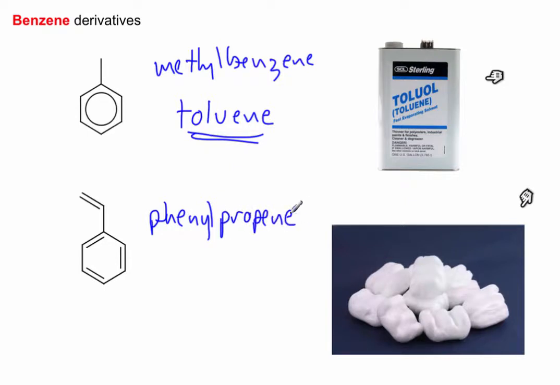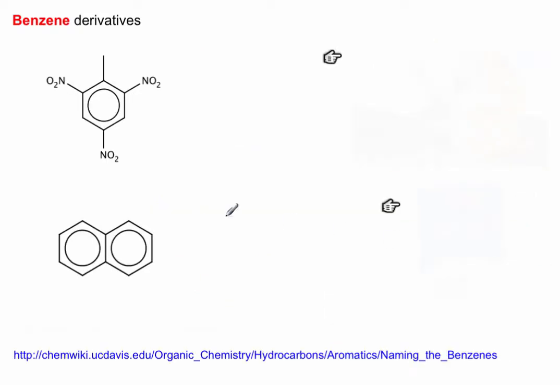You don't need numbers because there's only one way to attach that to the propene molecule. You can't attach it on carbon 1 or 2, and that is given the common name styrene. So hence polystyrene. So what we do, we take this molecule, we make it a macromolecule, we polymerize it, but that's for another conversation.